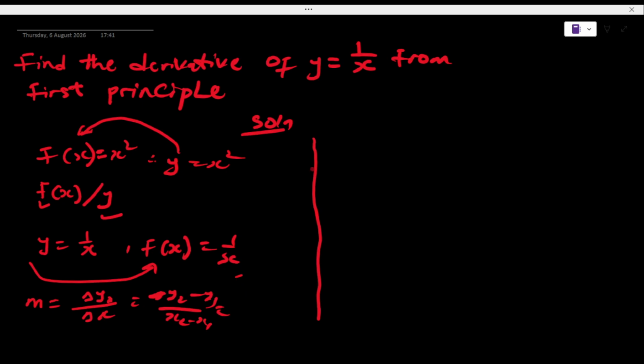Which is also the same thing as f of bracket x plus change in x, minus y1. Our y1 is f of x, and don't forget this is our y2 minus y1 divided by x2 minus x1, which is change in x.